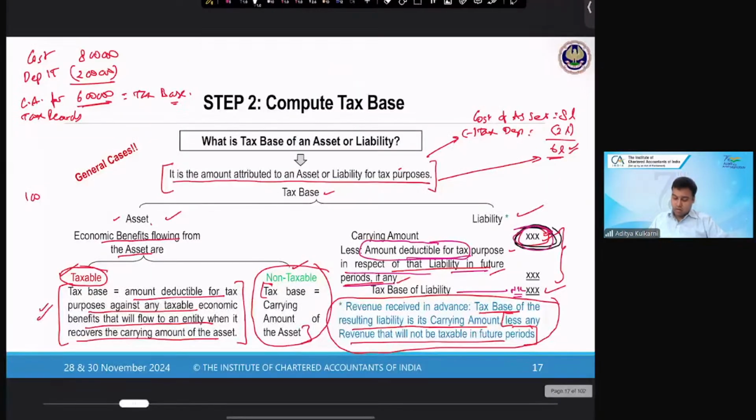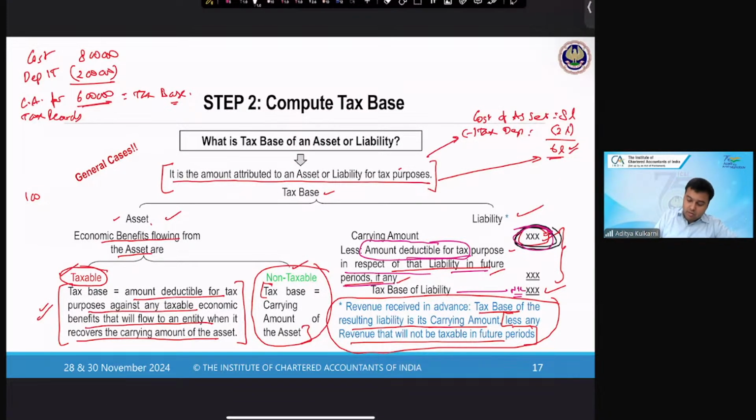Now, the tax base is its carrying amount 100 less any revenue that will not be taxable in future periods. Sir, this 100 rupee is the carrying amount.